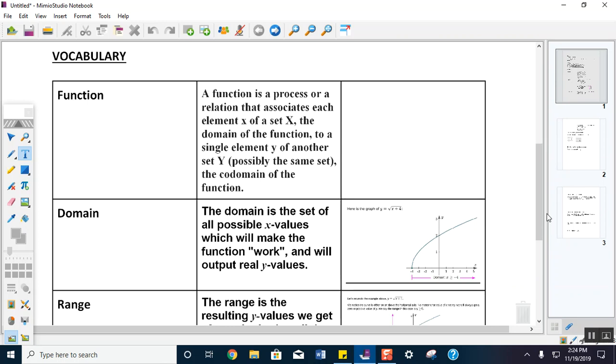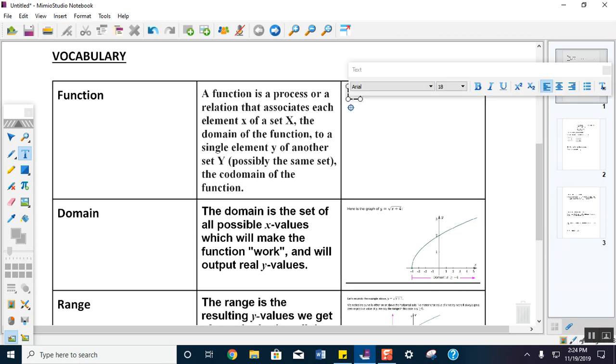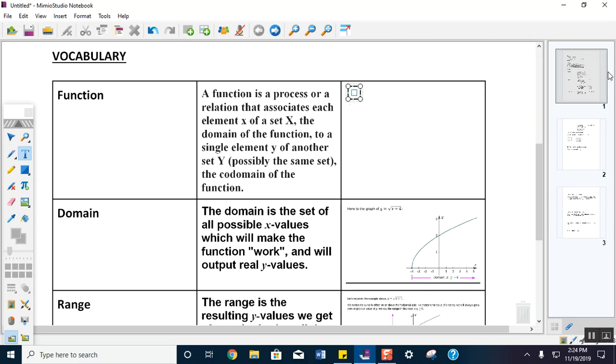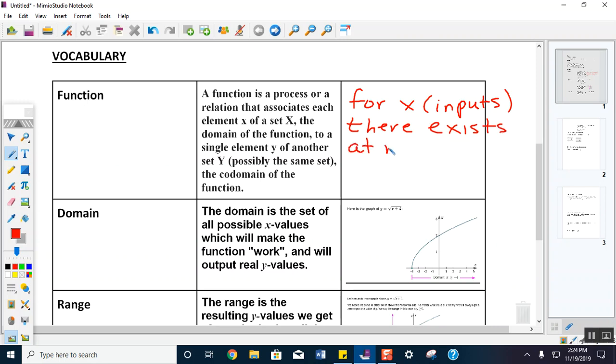This is a big long definition really for saying for each x, or for each input, x values are always inputs in the function, there exists at most one y value, or an output.